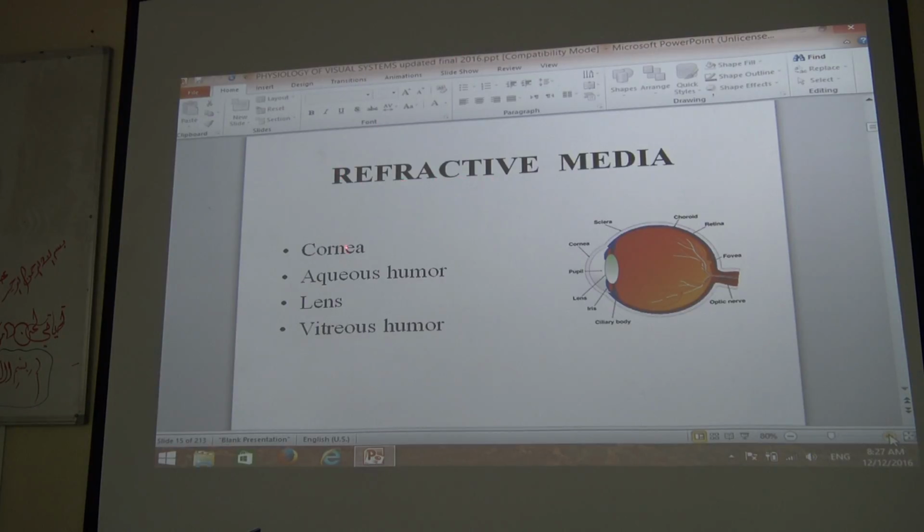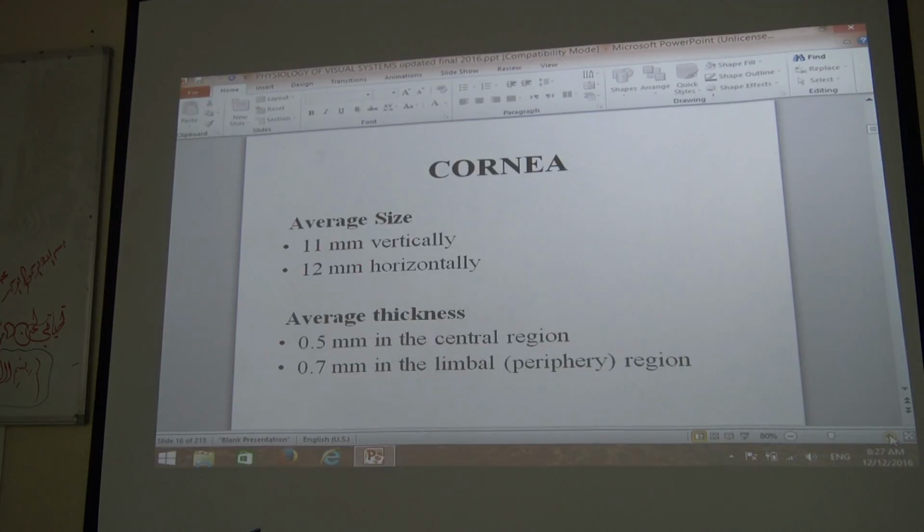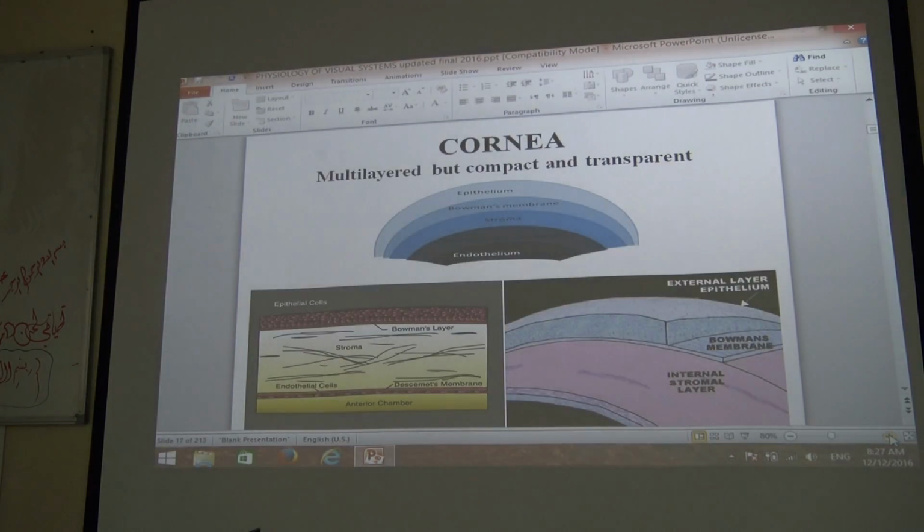Regarding the refractive media, we mentioned that the cornea causes the maximum refractive power, and it is transparent because it is avascular and because of the arrangement of the epithelial cells in regular laminae.